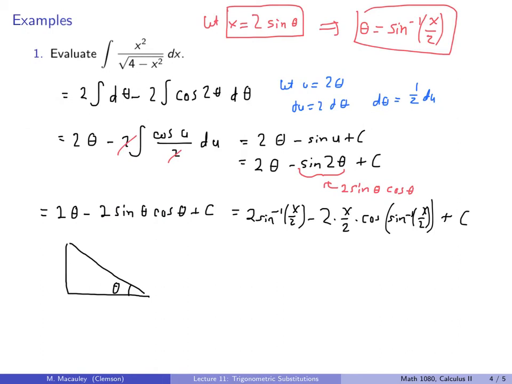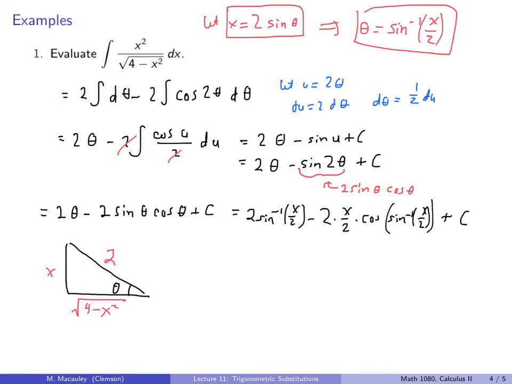So this is going to be 2, and x is 2 sine theta, so that is x. Now the last side, by the Pythagorean theorem, is the square root of 4 minus x squared.